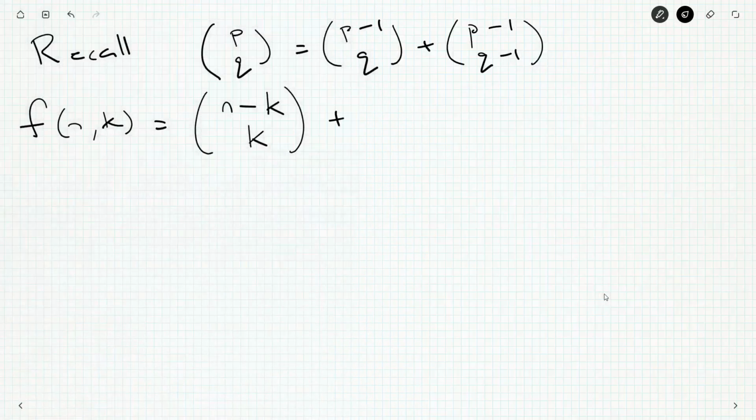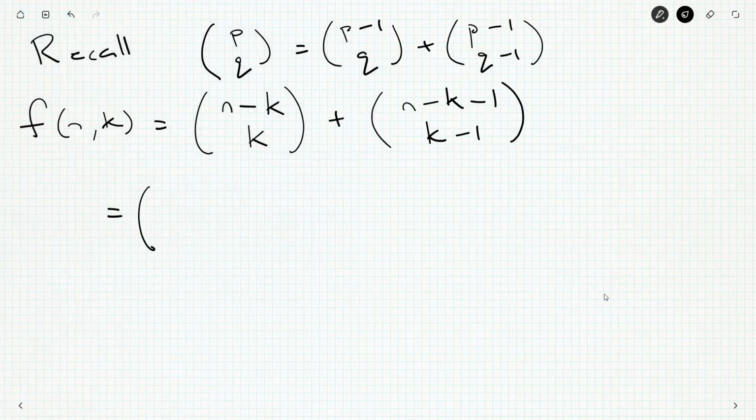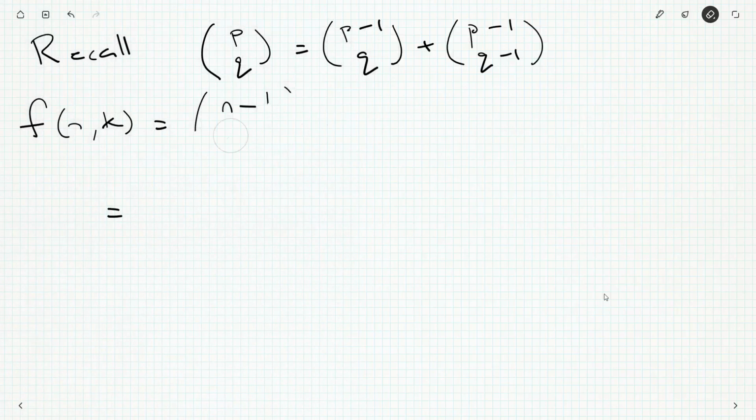Alright, plus n minus k minus 1, choose k minus 1. So this will be n minus k minus 1, just splitting up this first one. In fact, I think I'll color code it, because I have all these colors and I barely ever use them.